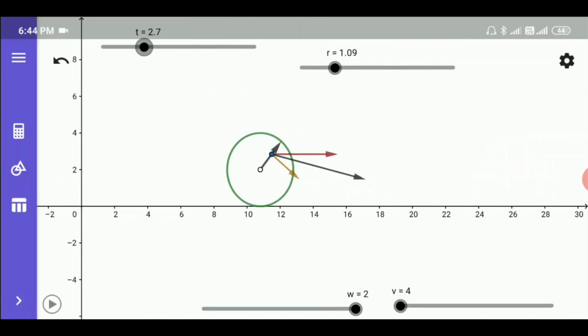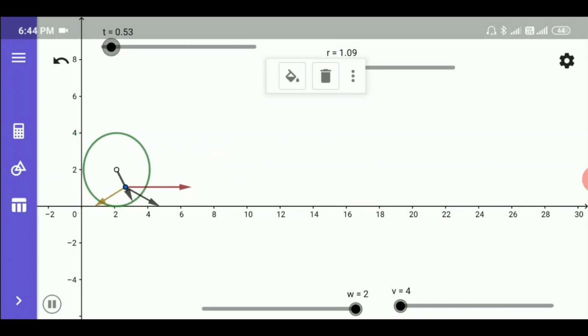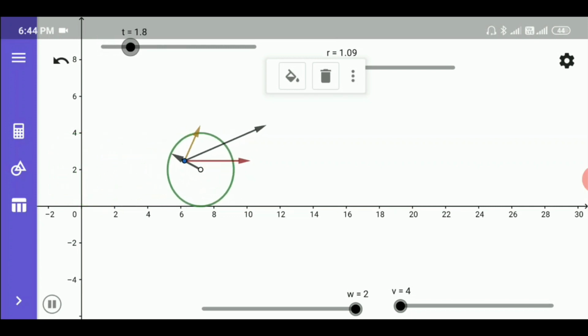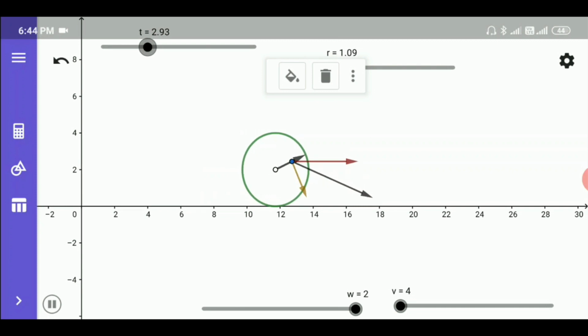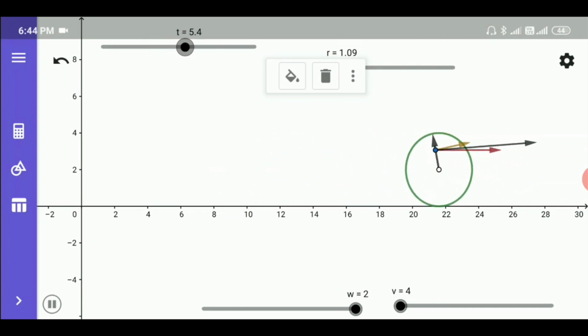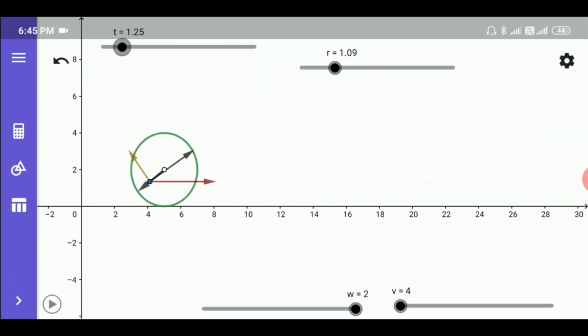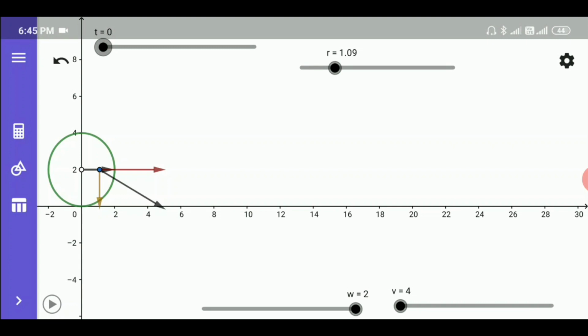Again you can bring this to the starting position and see how it moves. Now see the change in the lengths of the vectors. Note that the black vector here never vanishes. It means that for a point which is inside a rotating disk, the point will never be stationary with respect to the ground.